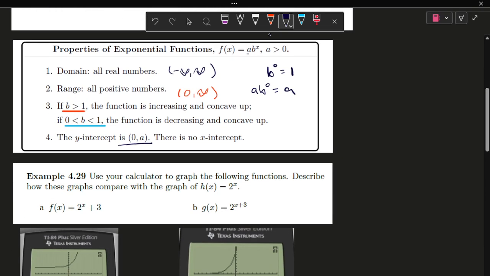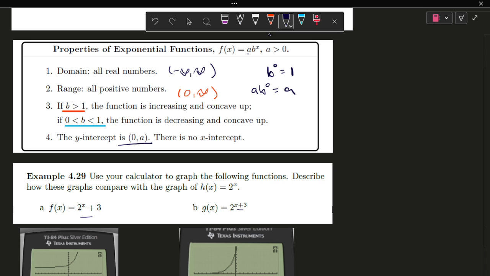So now we're getting into transformations. It says, use your calculator to graph the following functions. Describe how these graphs compare with the graph of h of x equals 2 raised to the x. The first one has plus 3 on the outside, and the second one is x plus 3, where the plus 3 is on the exponent.